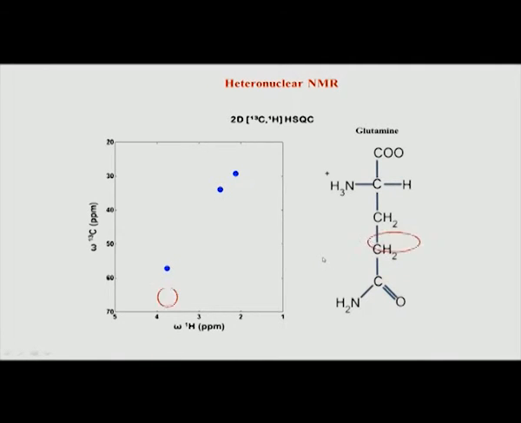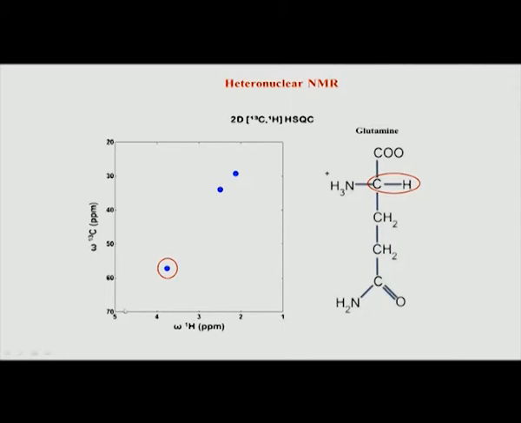Now, let us see how to look at the positions. If you look at this pair, it is attached to 2 electronegative functional groups, one is carboxylate and another is NH3. Therefore, it comes downfield shifted for both proton and carbon, and the carbon value is close to 60 ppm and the proton value is downfield shifted to 3 to 4 ppm.